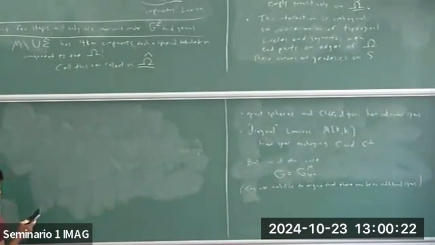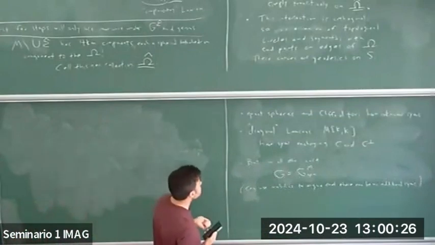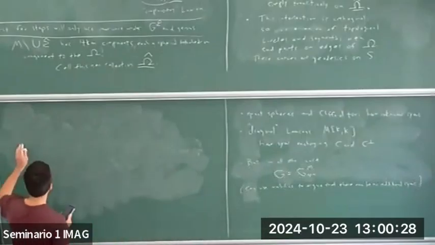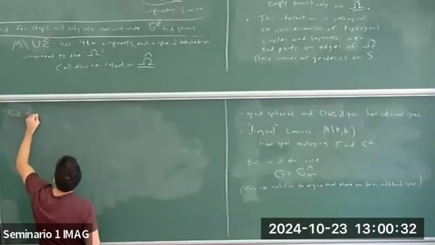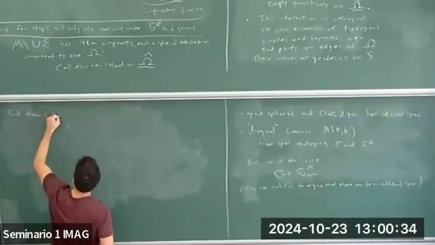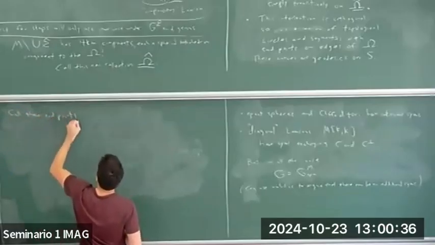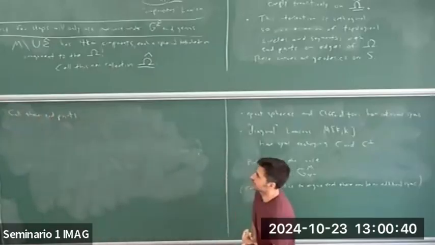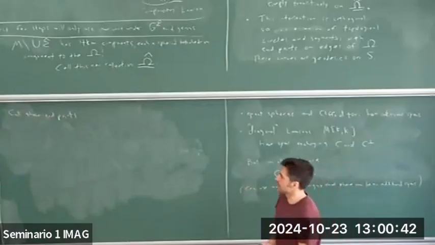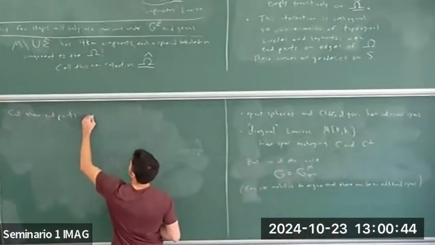Okay, and yeah, I'll call the endpoints vertices, but I don't want to confuse them with the vertices of the tetrahedron, so I'll call them polygon vertices.